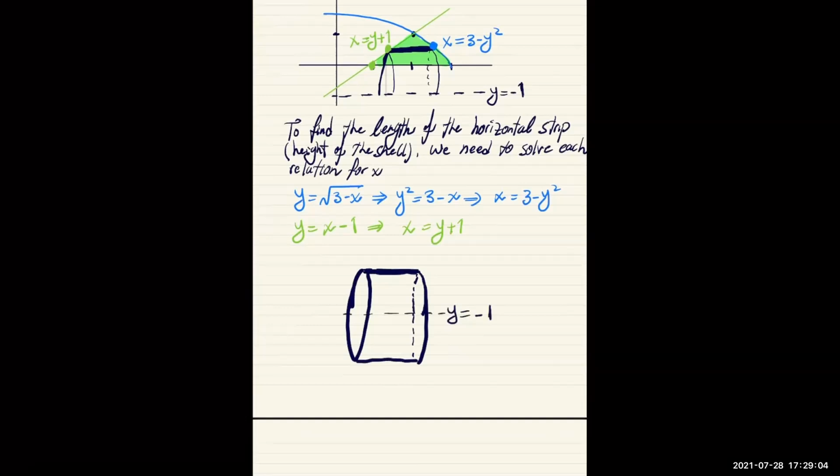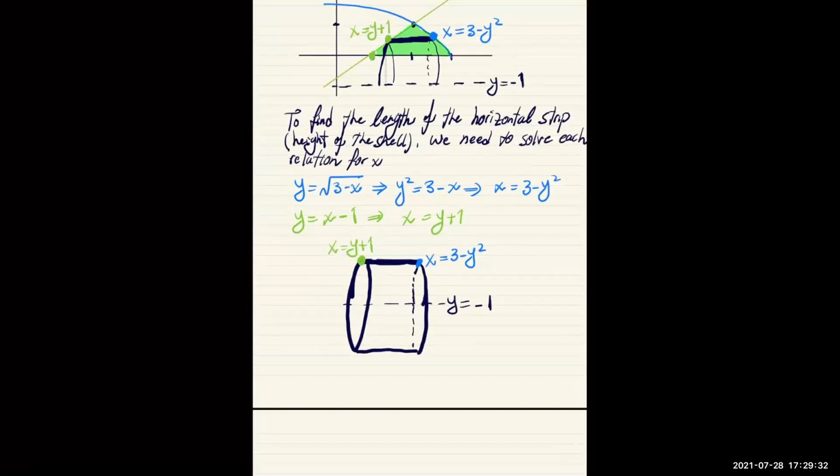This point is on the green line, so that point is described by x equal to y plus 1. And this point is on the blue graph where x is equal to 3 minus y squared. Okay, so you can easily get the height of the shell, right?